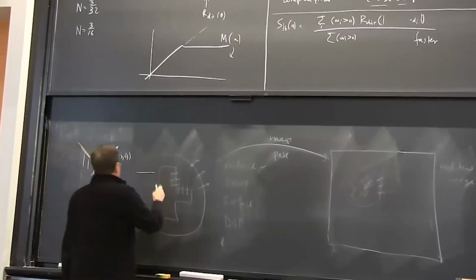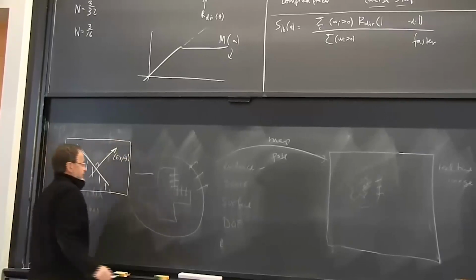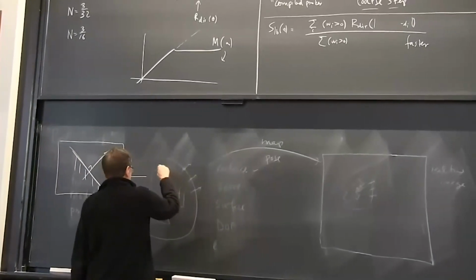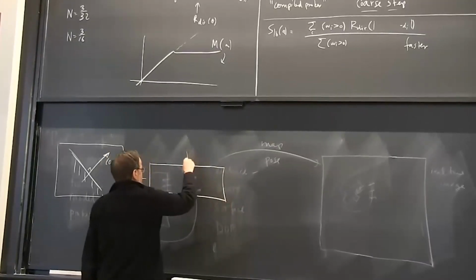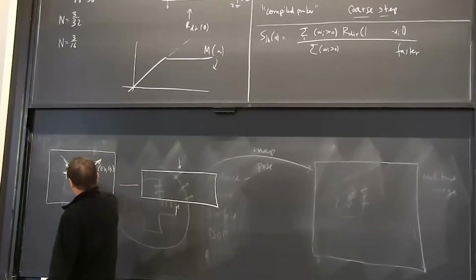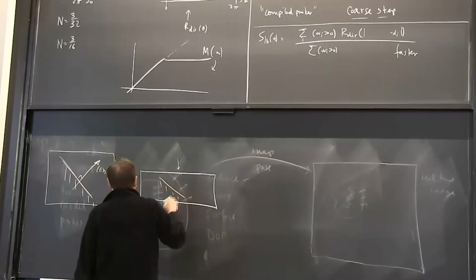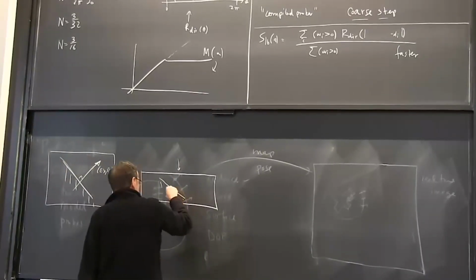Now suppose that I have an operation that changes the aspect ratio. Suppose I squash it. Then, of course, this line is going to have a lower slope because the top is moving down and the bottom is moving up.